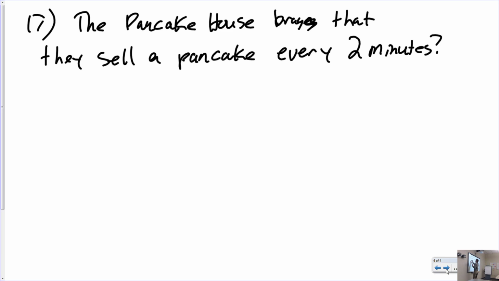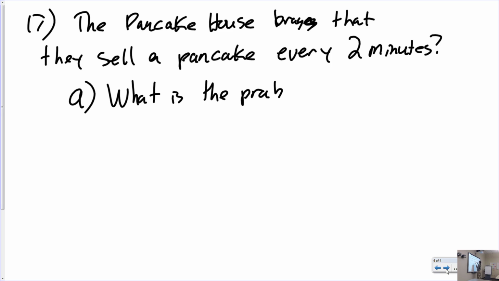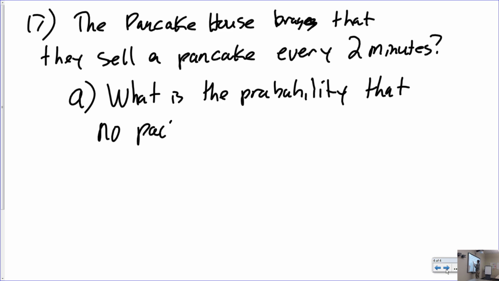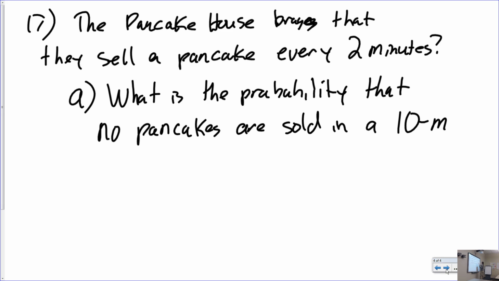And the question that we have is, what is the probability that no pancakes are sold in a 10-minute interval?